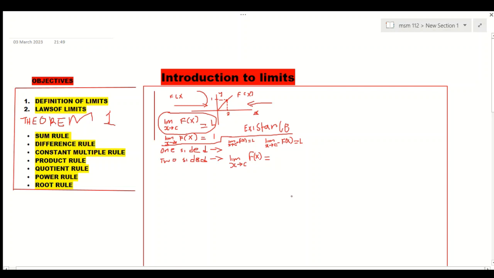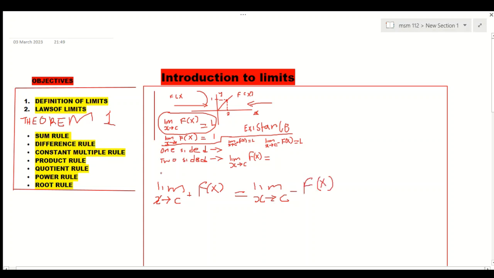So, the existence of this limit, if it exists: the limit as x approaches a certain value from the right hand side of the function should be equal to the limit as x approaches a certain number from the left hand side of the same function.